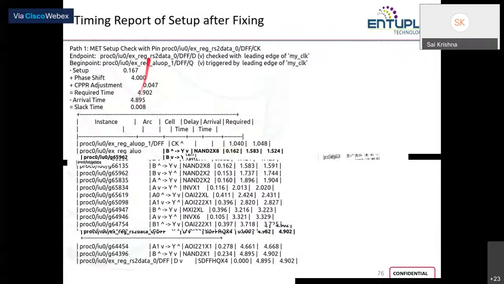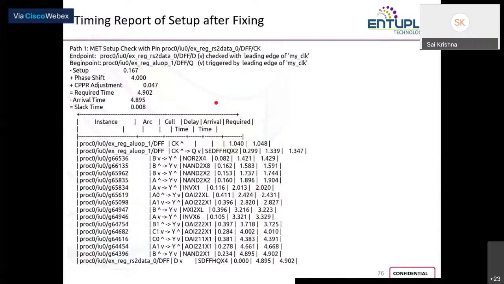Whereas after fixing, let me make it clear, this could be either through optimization of your design during physical design, or there is something called engineering change order, ECO, which generally comes into picture only after routing.